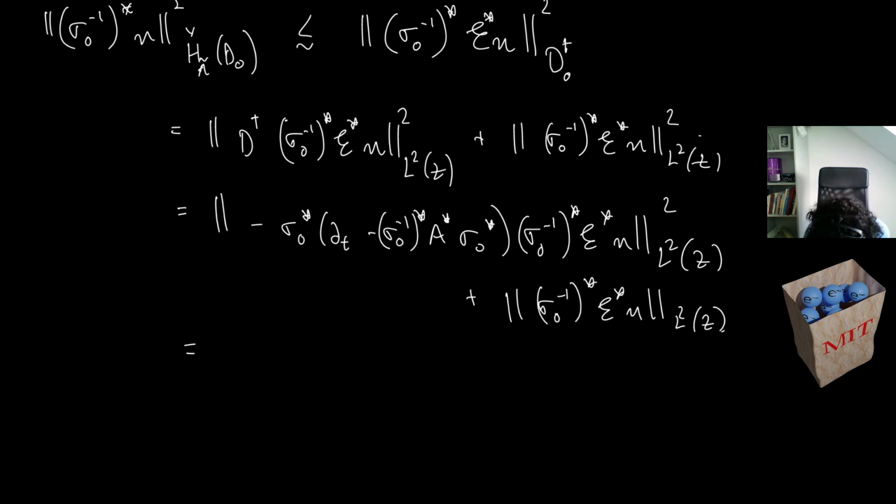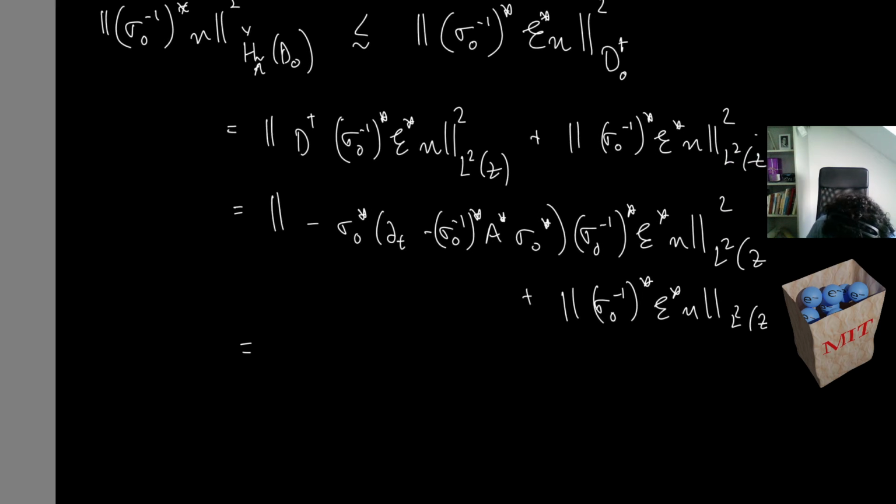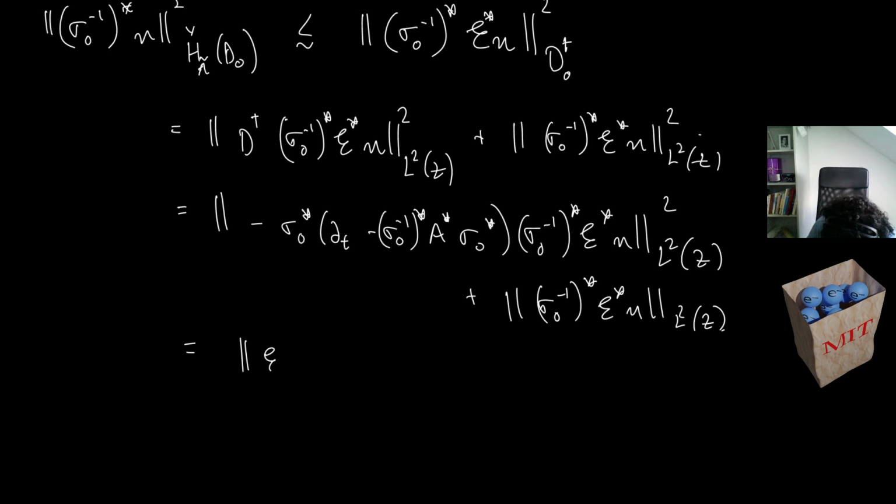So what are we left with? The first expression, it's readily verified, simplifies to sigma naught inverse D star, so that's the graph norm squared.